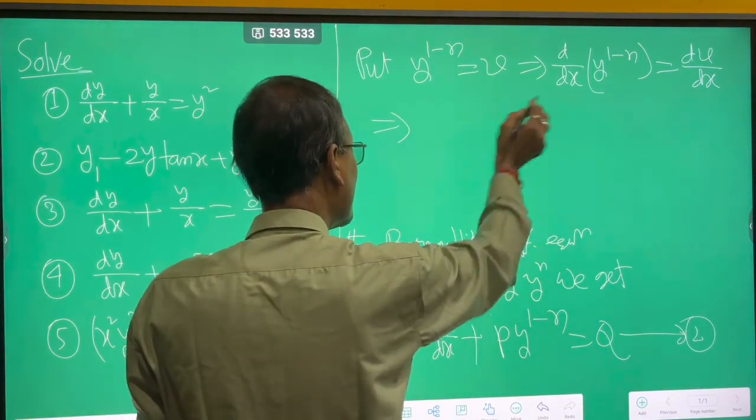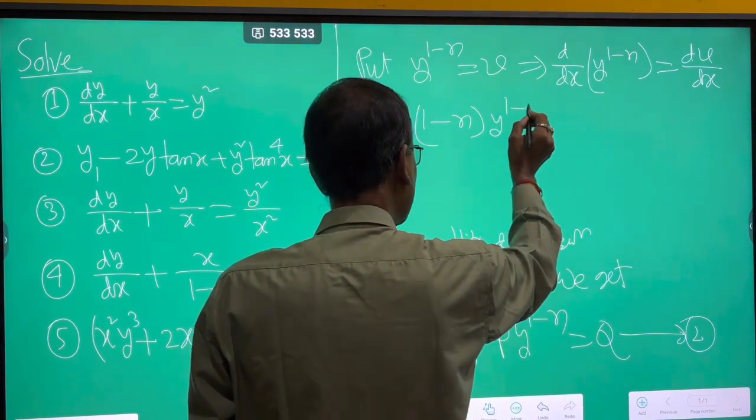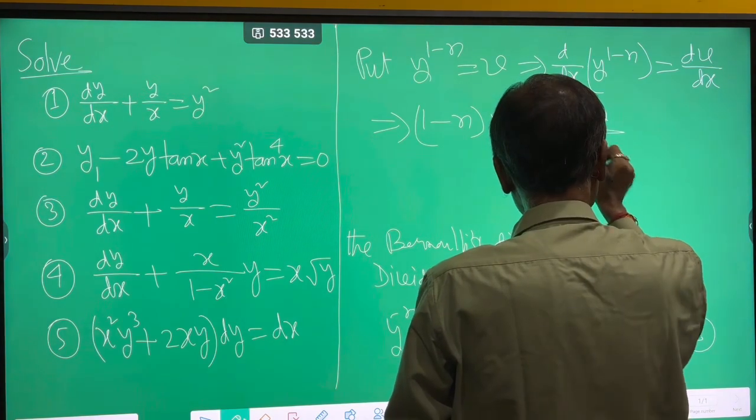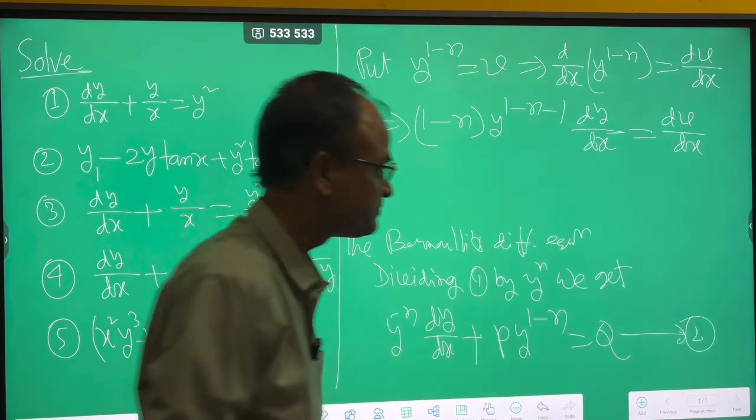This means 1 minus n into y to the power 1 minus n minus 1 dy by dx equals dv by dx.